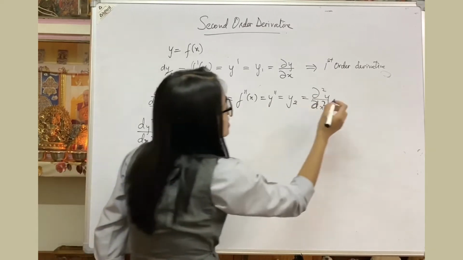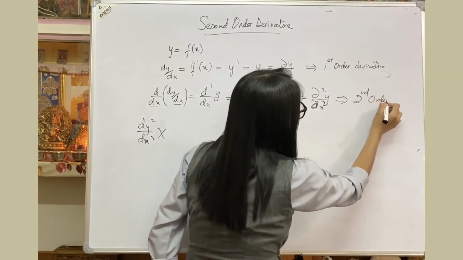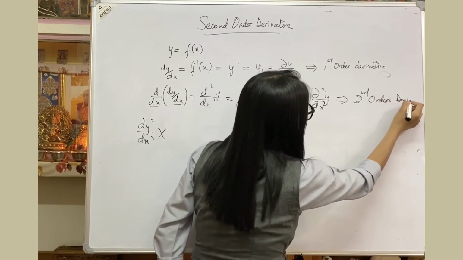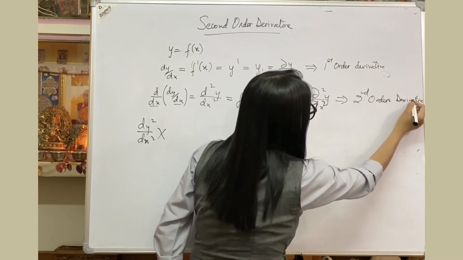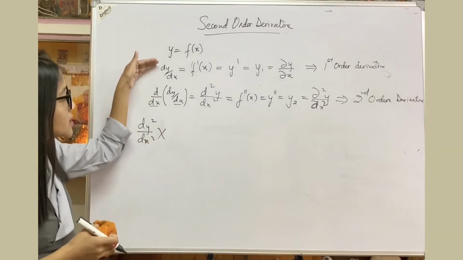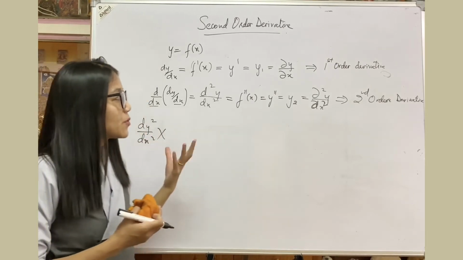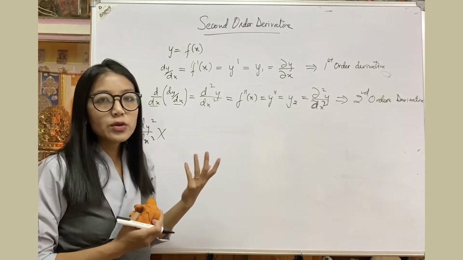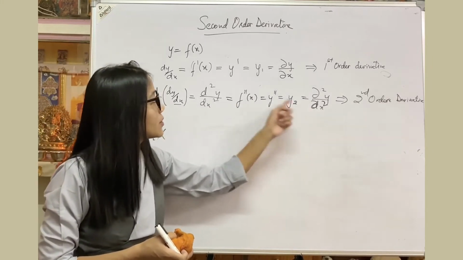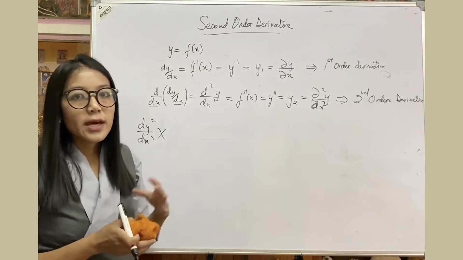So these are all notations you can use for second order derivative. In different books different notations are used, so don't get confused. All these are used for second order derivative and all those for first order derivative. Whichever you want, you can use.